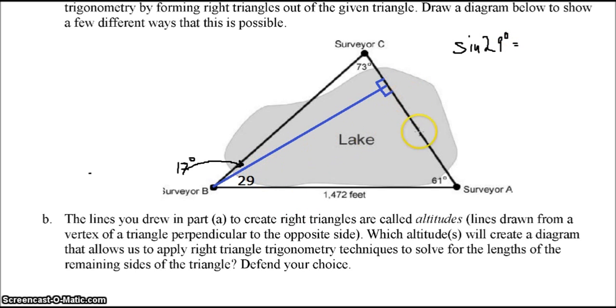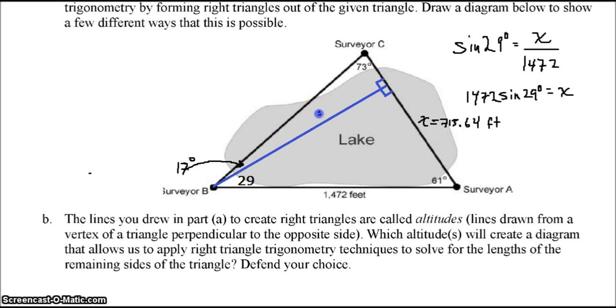That will be this opposite side right here, let's just call it x for the moment, divided by the hypotenuse, 1,472. That means that 1,472 times sine of 29 degrees equals x. This comes out to 713.64 feet.